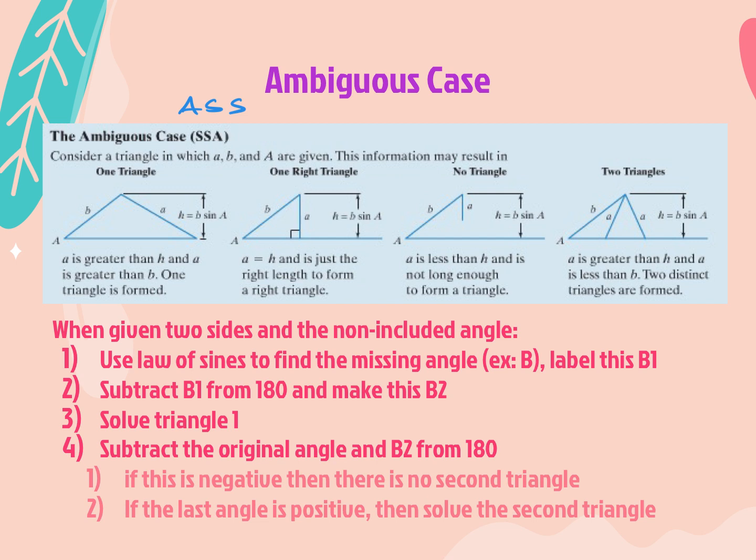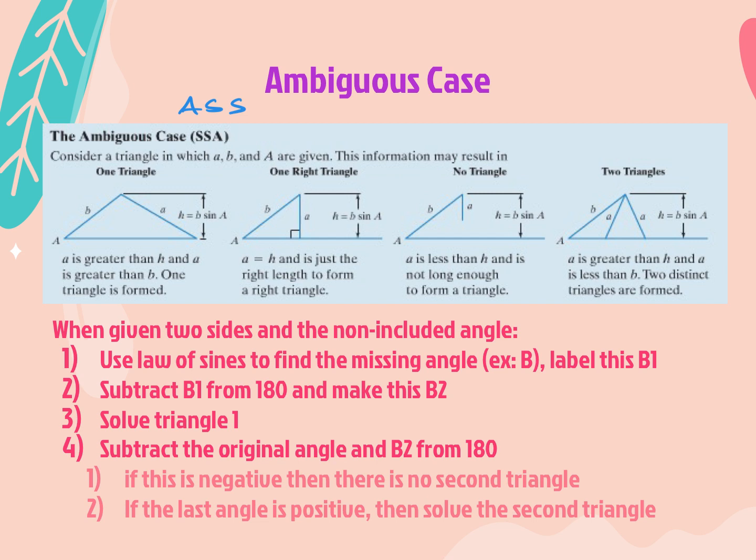Or I could have one triangle just like I did the last two examples, or there potentially could be a second triangle. And if you think about it, remember when we do our All Students Take Calculus, there are two angles that give us the same answer. So this is why we potentially could have two triangles.